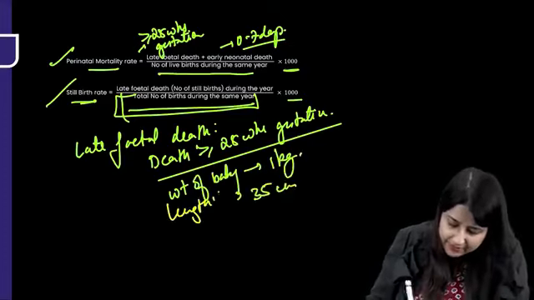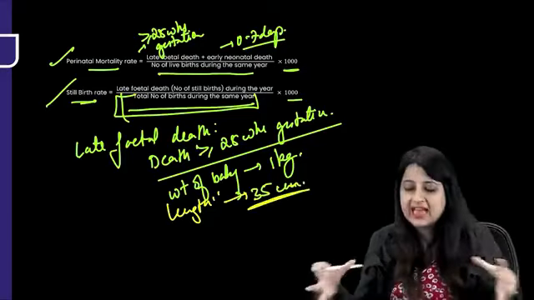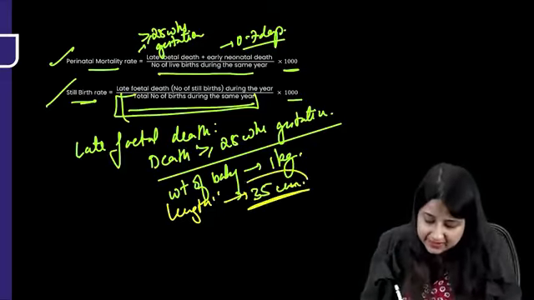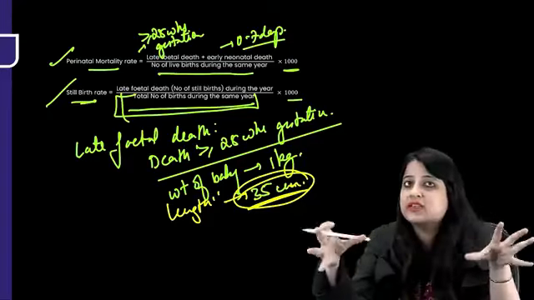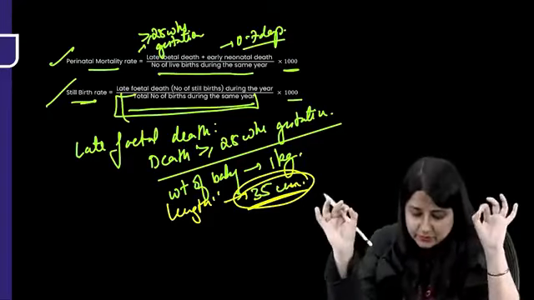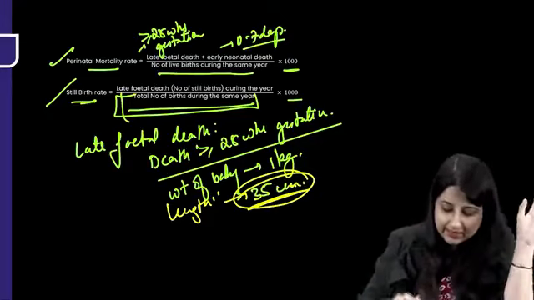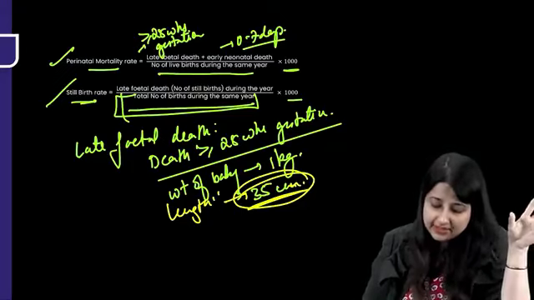Otherwise, the length of the baby we must say 35 centimeters. You know, the average length of a newborn is 50 centimeters. To call it a stillbirth, at least the length of the baby should be 35 centimeters, weight should be 1 kg, and the period of gestation should be 28 weeks and above. Okay? So that is a very, very important thing which can come in your exams.